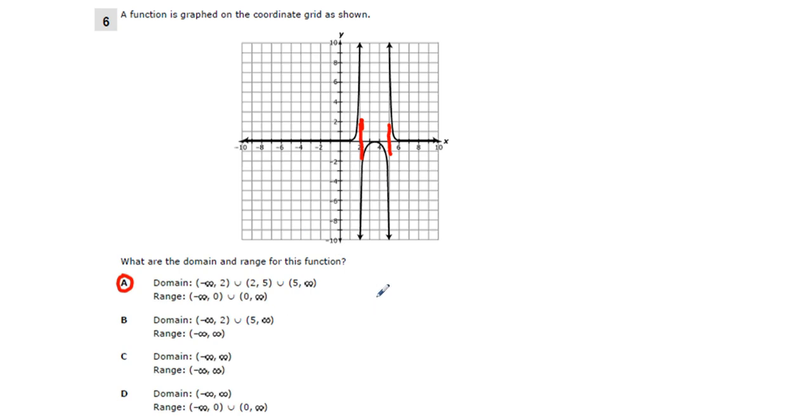And that your range, and it's like I did my little sketch earlier, domain, range. Okay, your range is your y, and your domain is your x. And so A is your correct answer, no doubt about it.